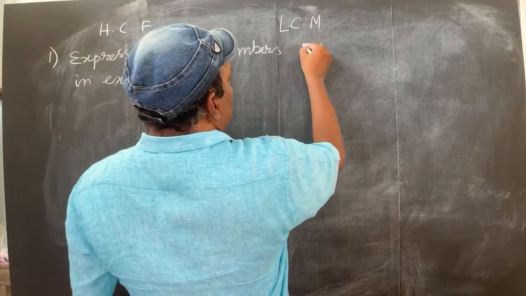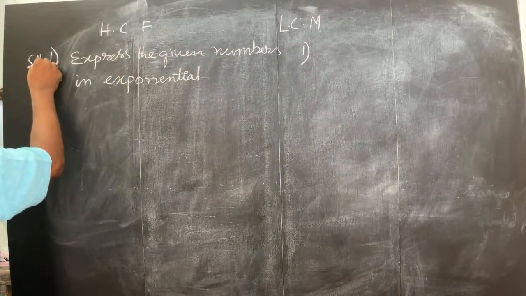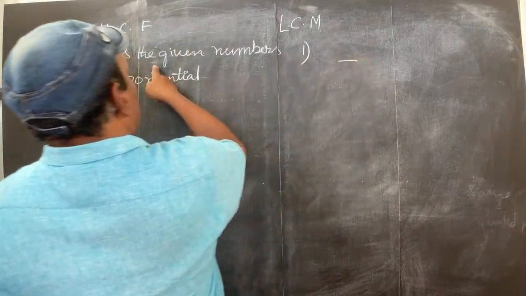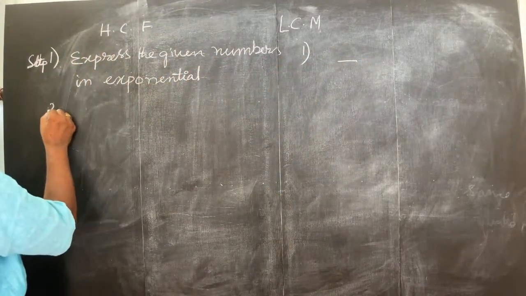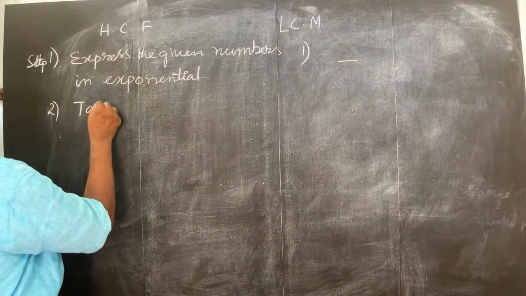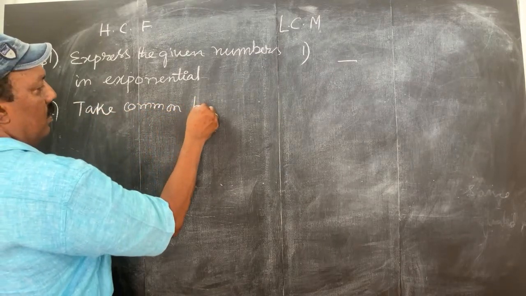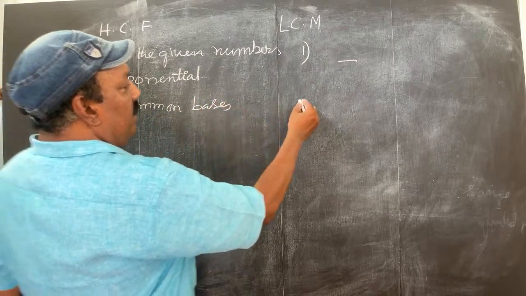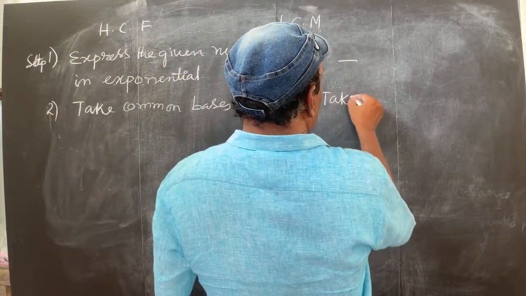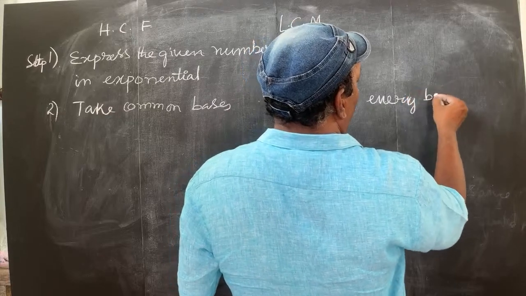In LCM also it is the same. Step number 1 is the same as it is: express the given numbers in exponential form. Step 2: take common bases. Here, take every base, all the bases you have to take.